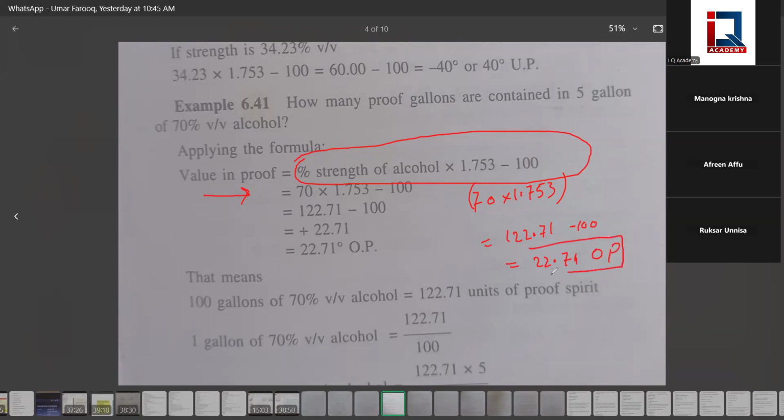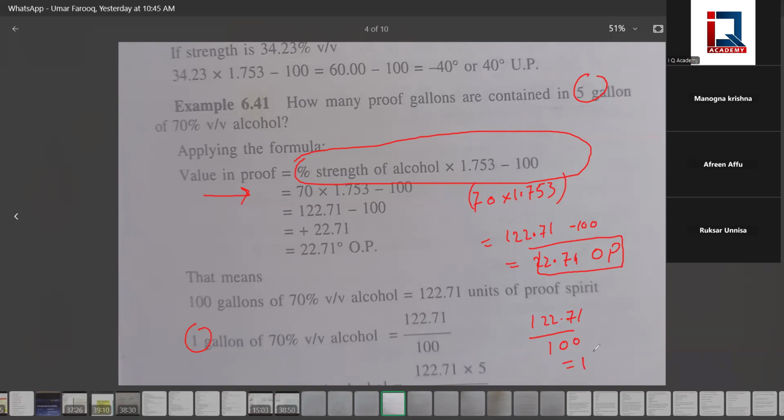It doesn't end here. Now they are asking you to convert it for 5 gallons. So if 100 gallons of 70% volume by volume alcohol has 122.75 units of proof spirit, we need to find it for 1 gallon, then you can calculate for the 5 gallons. So how will you get the answer? 122.71 units of alcohol divided by 100 gives me the answer for 1 gallon.